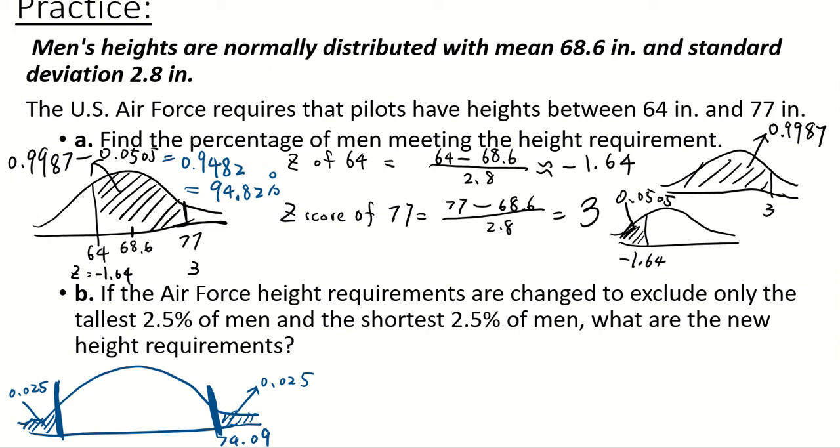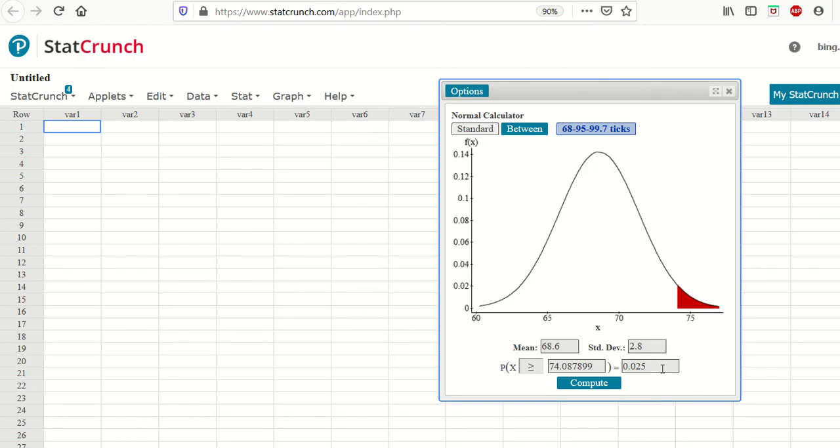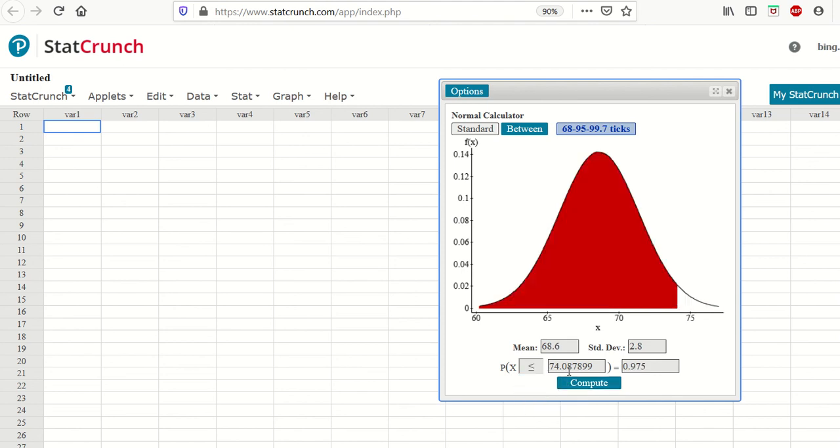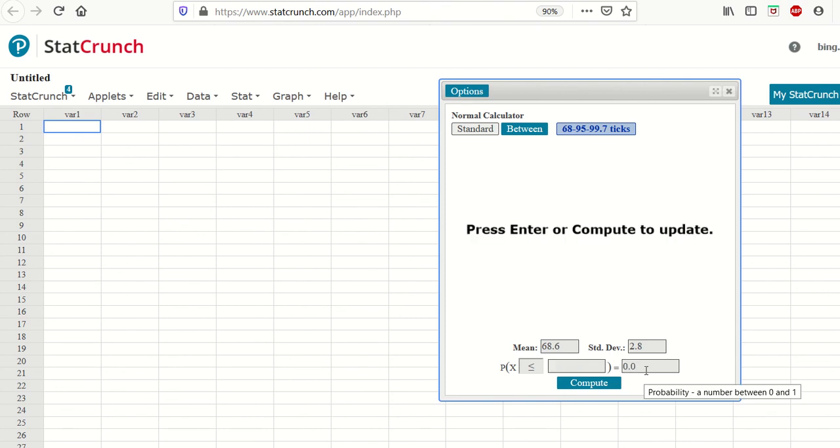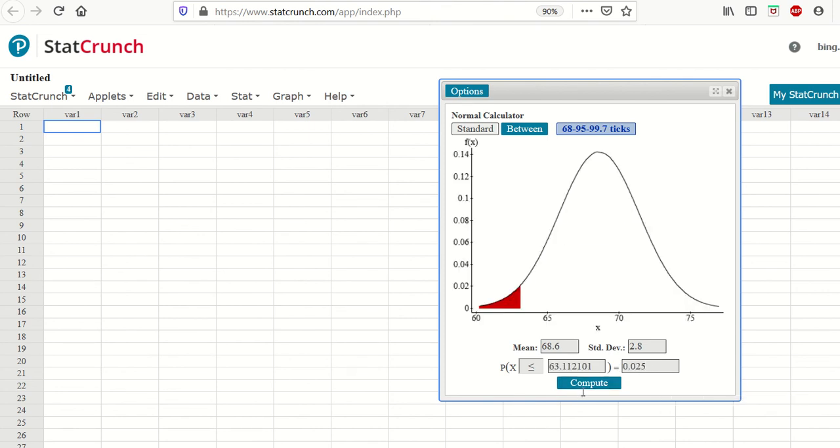Okay, now find the lower bound. Similar here, still the area is 0.025, but this time you want to find the lowest 2.5%, so the x value would be less than 0.025. So do it again. You can tell it's giving you the left tail.